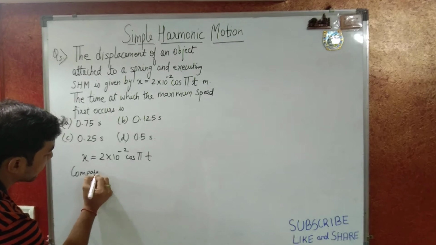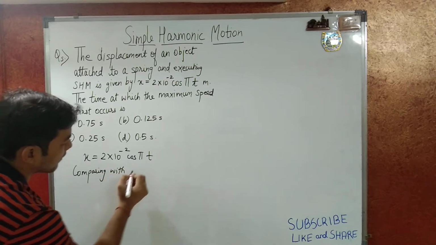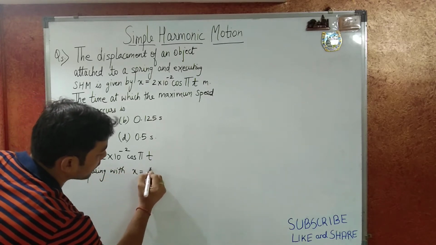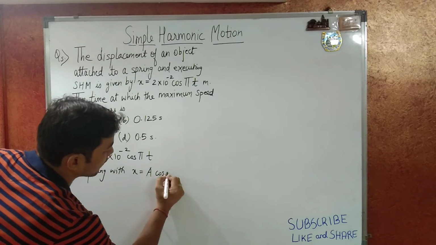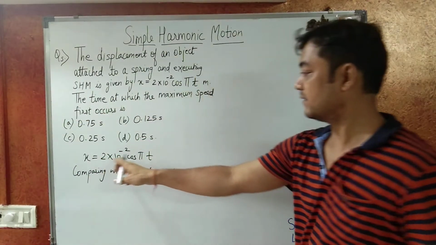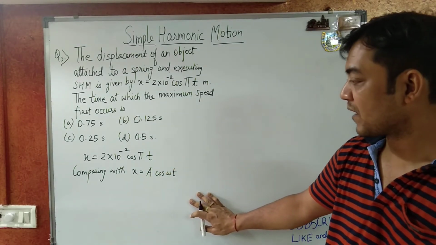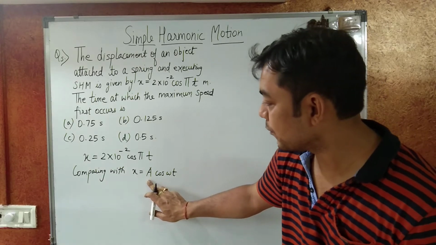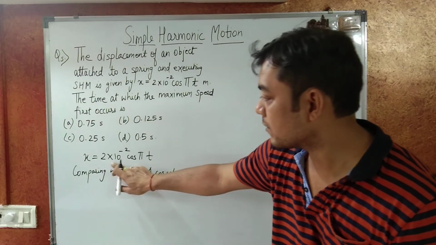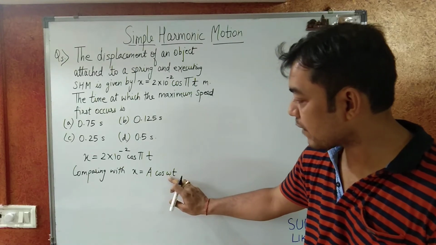Comparing with this equation, x equal to a cos omega t. I am going to compare this equation with x equal to a cos omega t. So as I can see, amplitude a is 2 into 10 to the power minus 2, and what is your angular frequency omega?